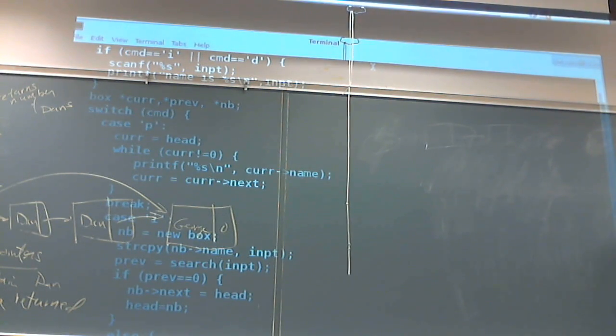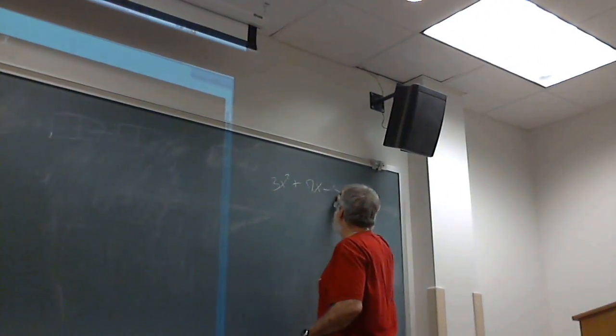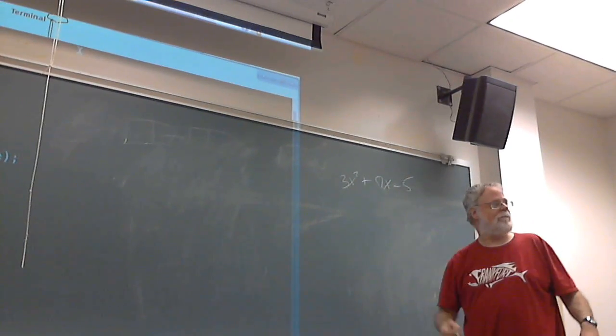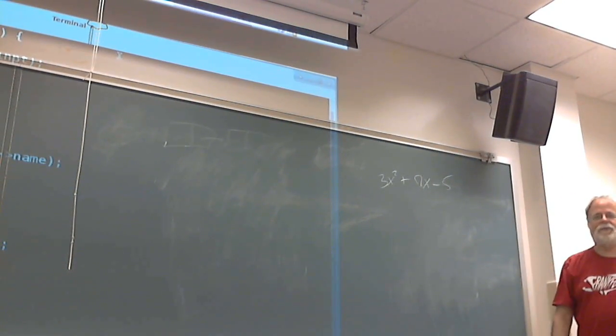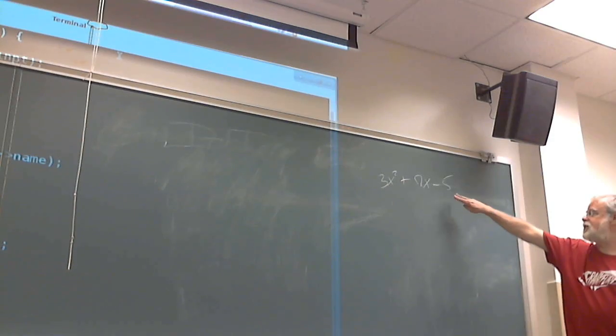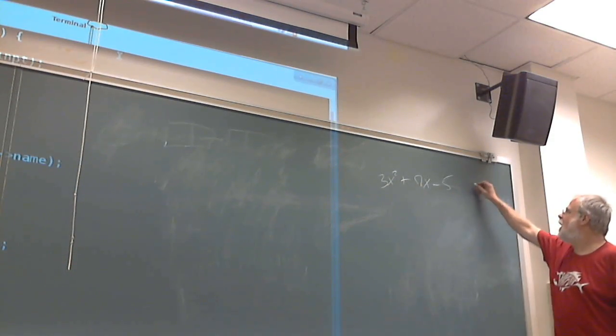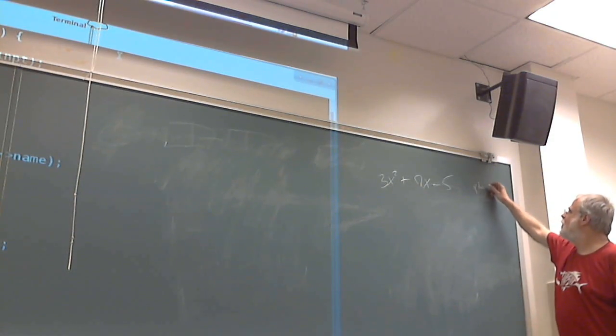Let's look at something like 3x squared plus 7x minus 5. What is that? What do they call that in math classes? It's a trinomial, or in general, it's a bunch of terms put together, a polynomial.